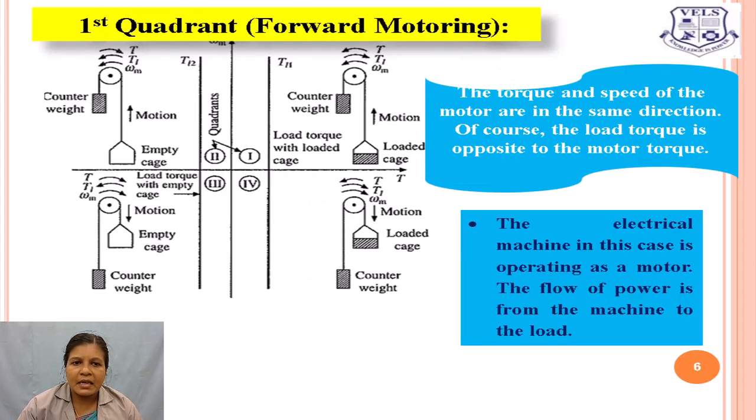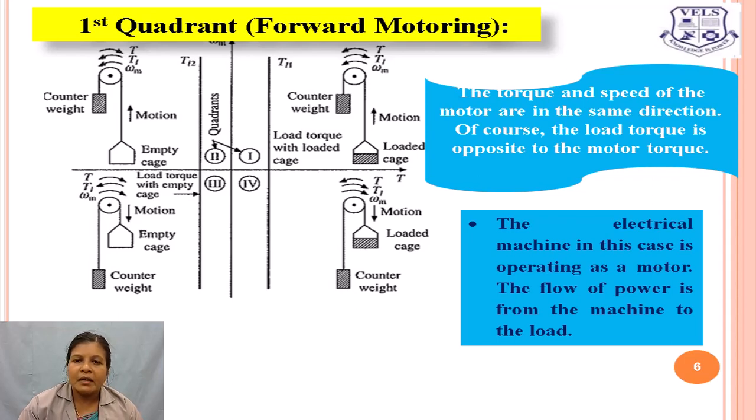As we can see in the picture here, the motion is upward. So the loaded cartridge has to be pulled upward. As I have already told you the hint, the counterweight should be lesser than the loaded cartridge. So in order to pull the loaded cartridge upward, the torque has to be applied in the counterclockwise direction. Only then can the loaded cartridge be pulled upward.